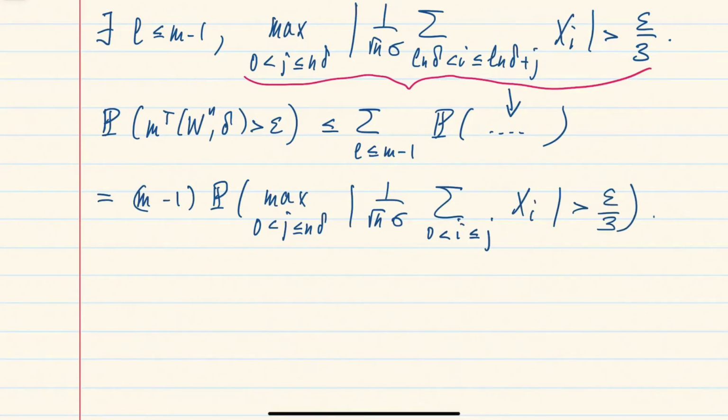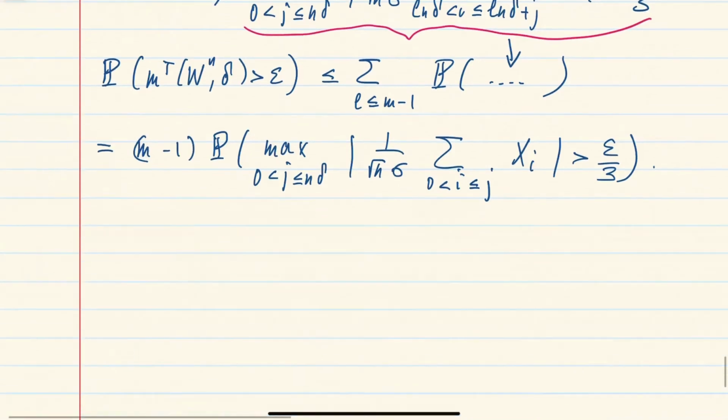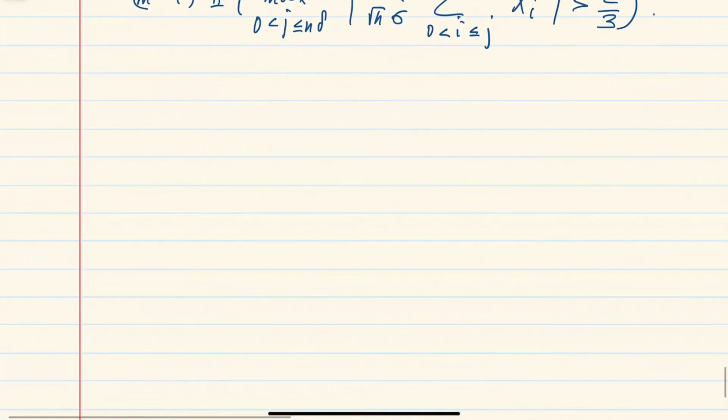Here we recognize that we have already dealt with this type of object when we wanted to control the maximum. In particular, we can use the first Kolmogorov's inequality to control this probability. Let's recall Kolmogorov's first inequality.